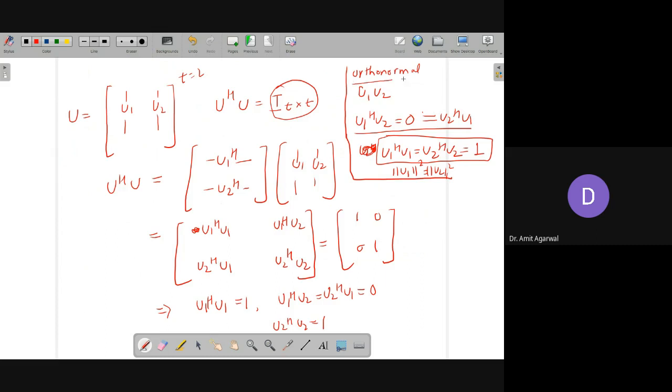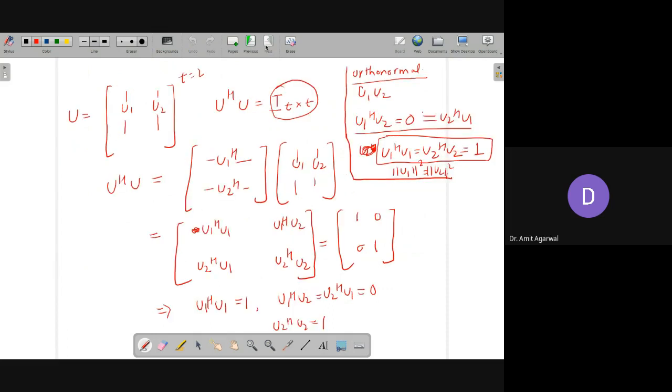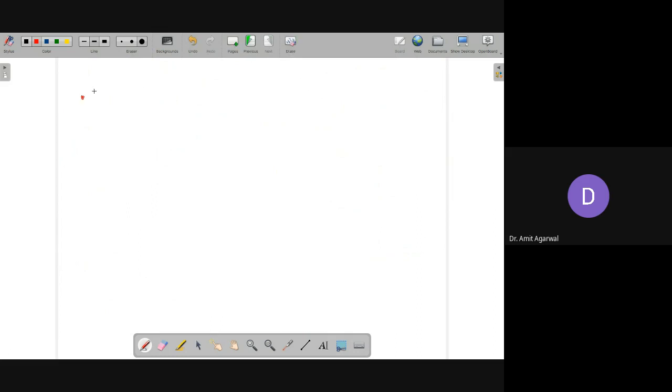So this is the orthonormality condition. U1 and U2 are orthonormal. Clear? So all the columns are orthonormal, or you can write it in a precise form: U Hermitian U is the identity matrix. Second, V Hermitian V is V V Hermitian.